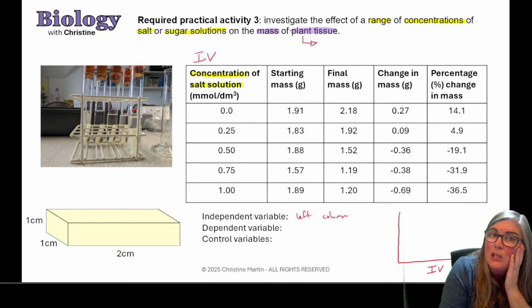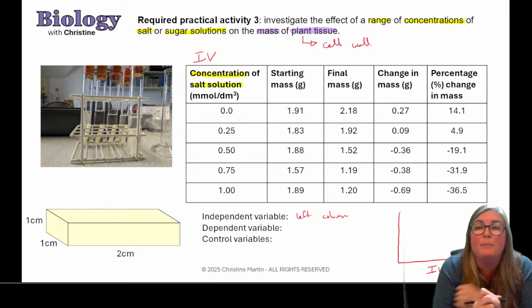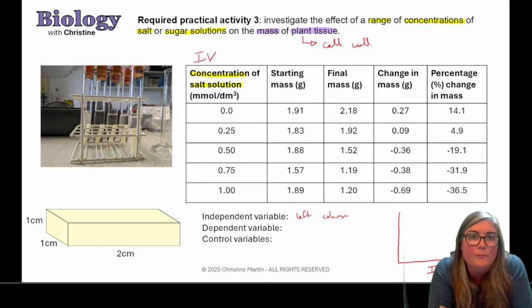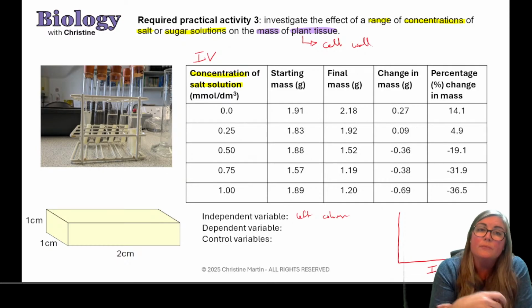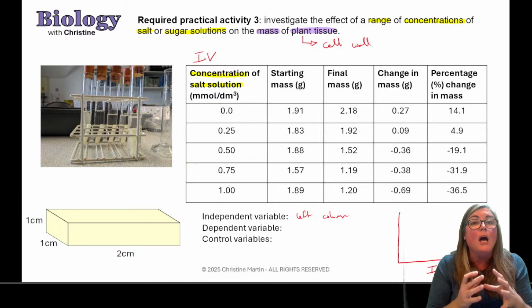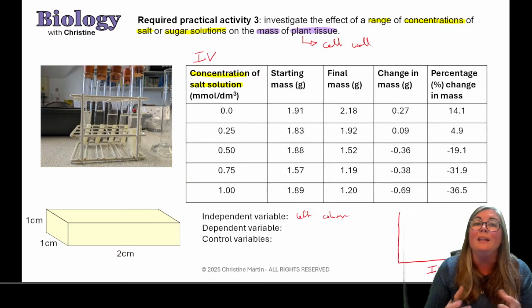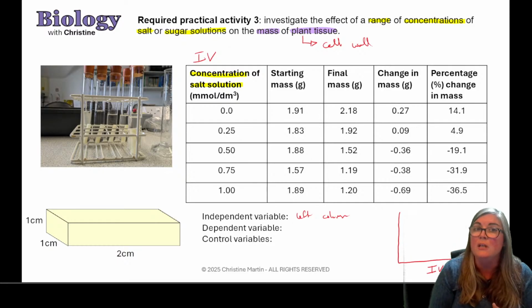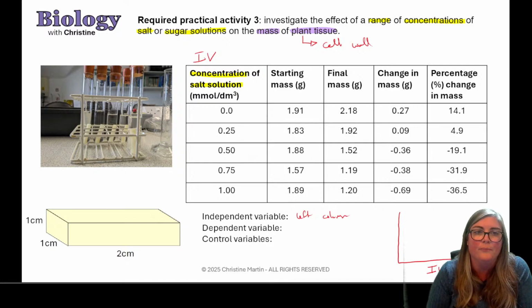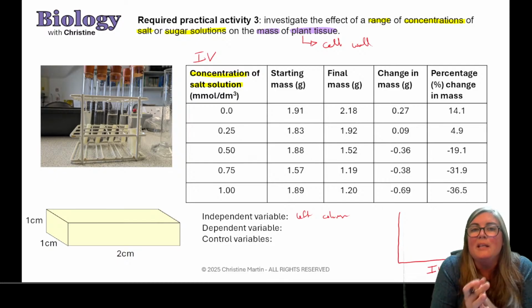They're choosing plant tissue because the plant tissue, as we said before, has the cell wall. Therefore, it can increase its mass up to a point without the cells bursting. So it allows us to do this investigation, but we have to use plant tissue because of the cell wall.